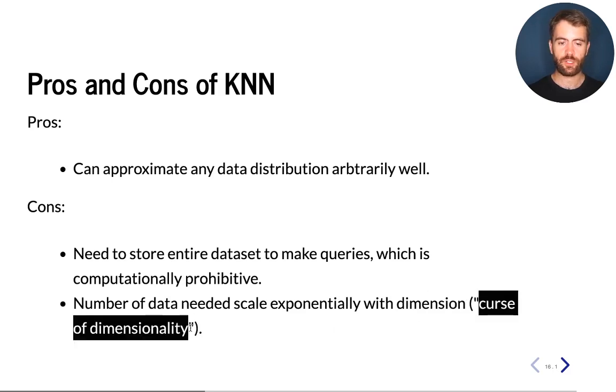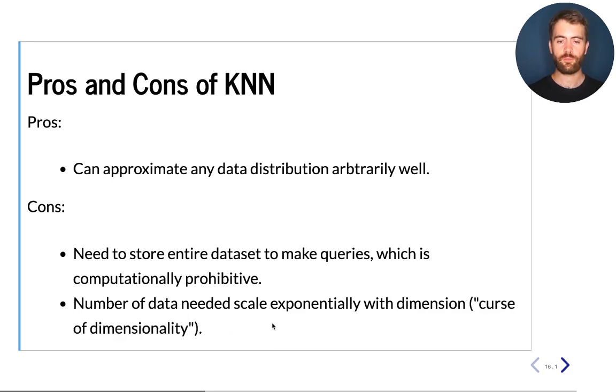That's called the curse of dimensionality. But for now, you can just remember that the data requirements of this algorithm in high dimensions are actually quite high. And in the next video, we're going to look at these pros and cons in a little bit more detail. And we're going to learn about one important property and distinction of K-nearest neighbors.